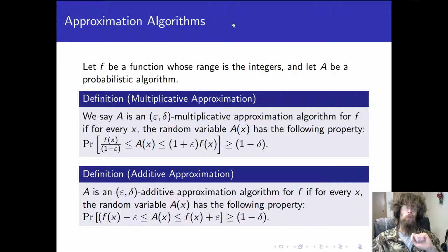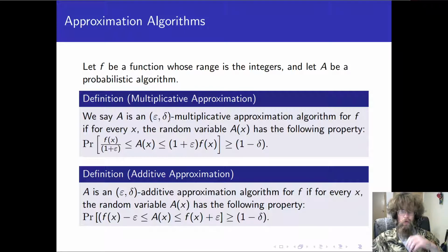We're going to start by discussing pseudodeterminism for approximation algorithms. So for an approximation algorithm, we've got a function that outputs an integer. We want to compute f of x, but sometimes that's hard, so we'll settle for getting close to f of x. There are two different ways you can measure this.